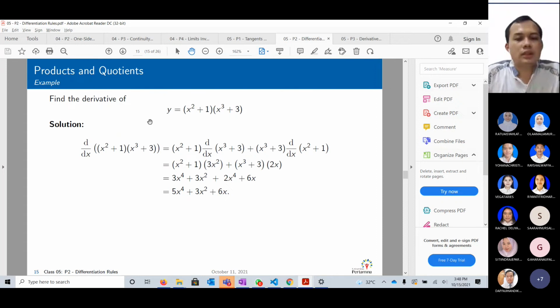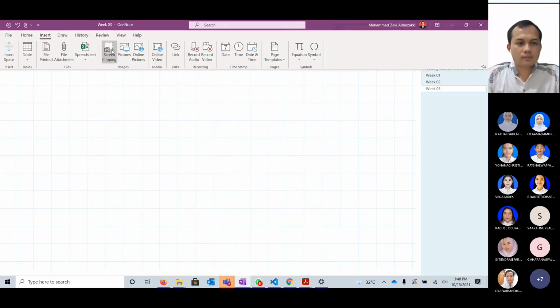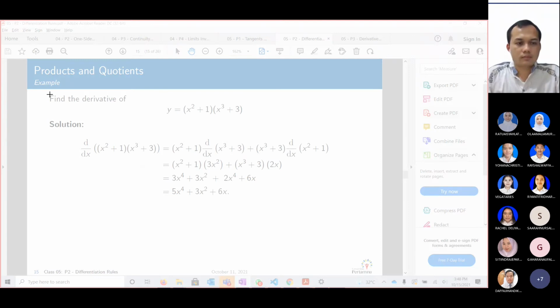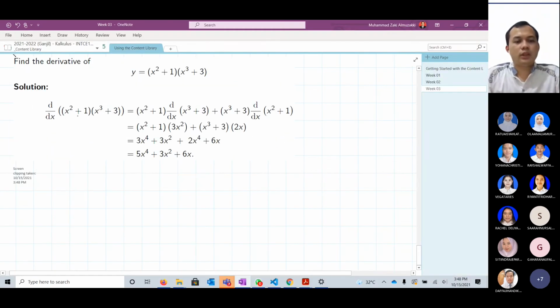Now, let's say we have y equals x squared plus 1 times x power 3 plus 3. We can actually use the multiplication rule, the product rule, as what I already wrote here, but we can also try to expand this equation.